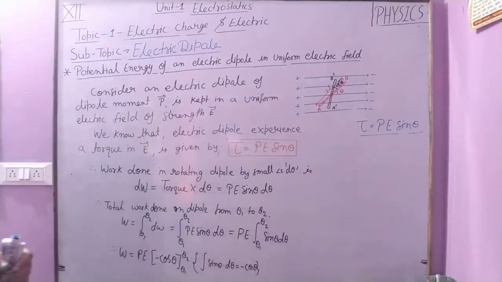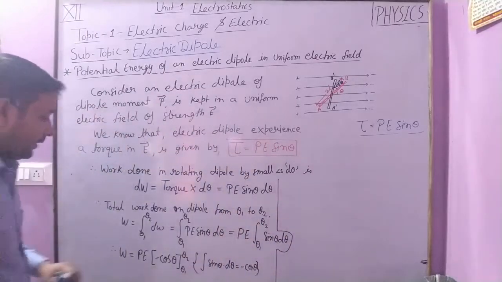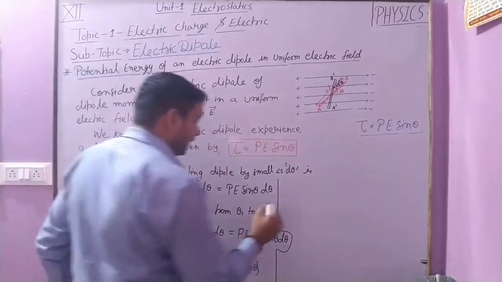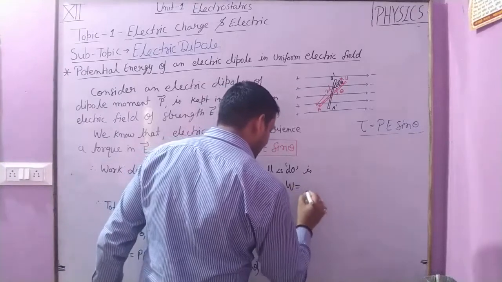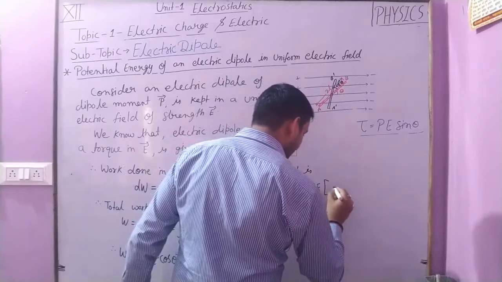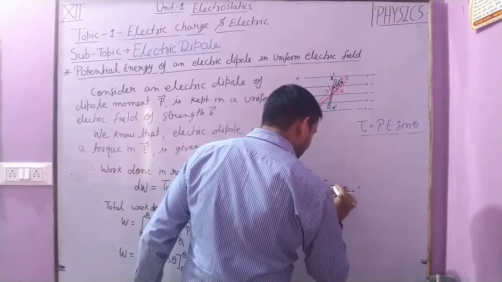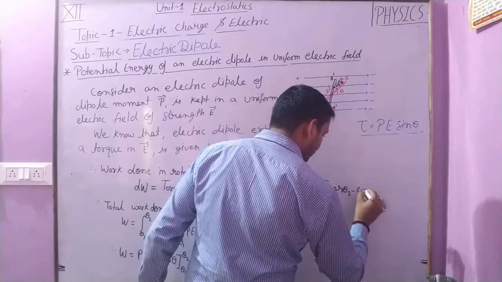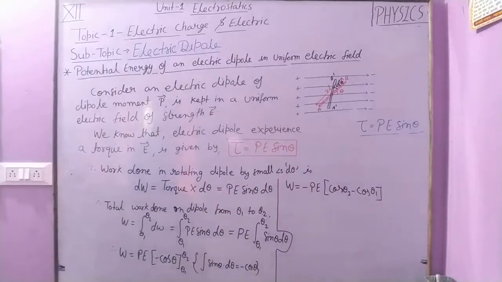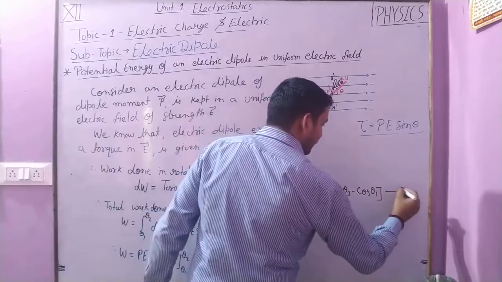Therefore, by taking the upper and lower limits we get W is equal to minus PE times cos theta 2 minus cos theta 1. Let's call this equation first.